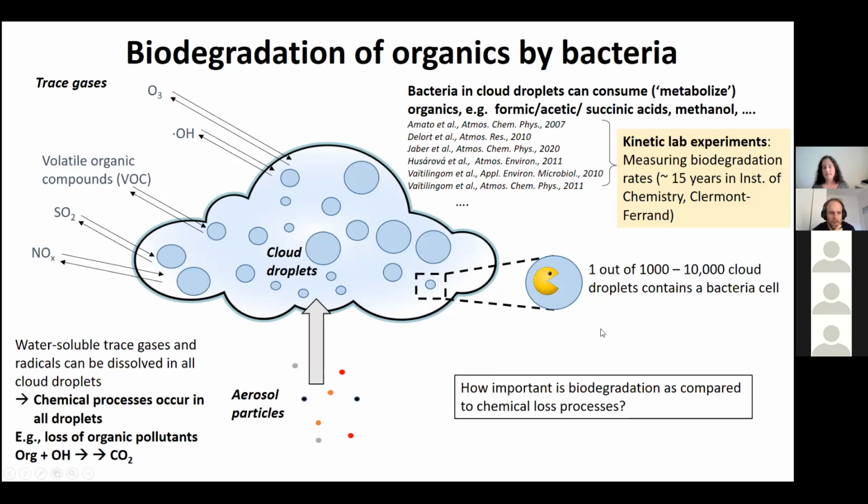However, it's not a simple addition, because in cloud droplets we have basically all chemical compounds, since they're exposed to the gas phase, so chemistry happens in all cloud droplets. However, only 1 out of 1,000 or 10,000 droplets, depending on the air mass, contains a bacteria cell. So how does that play out towards the overall loss rate?